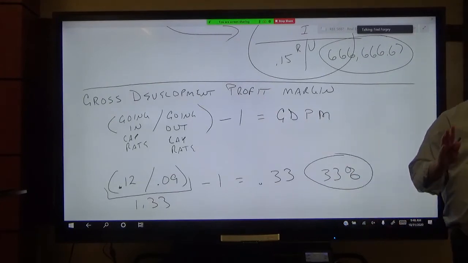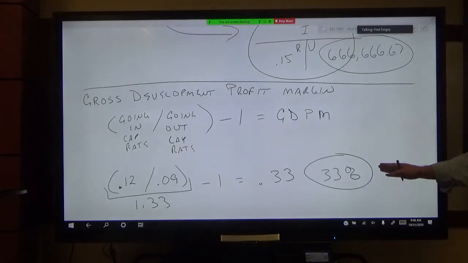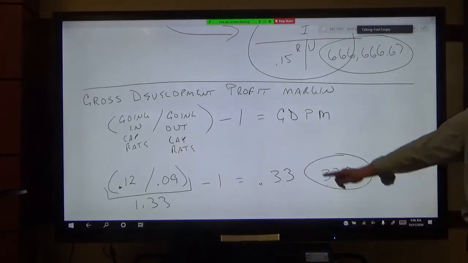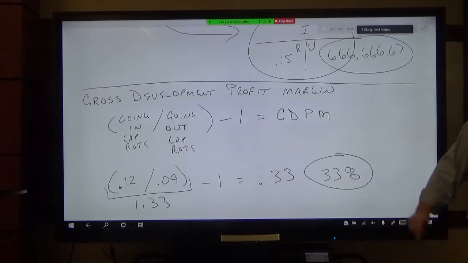But in any event, what this is saying is that the change in cap rate going from 12% going in to 9% going out basically represents a 33% increase in value because of that adjustment. Okay, does that make sense? Yes or no?